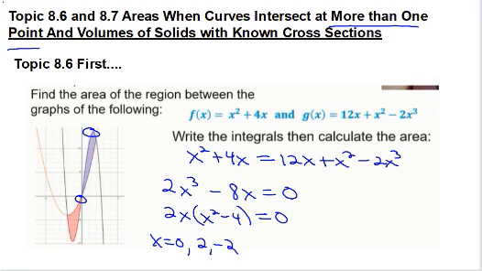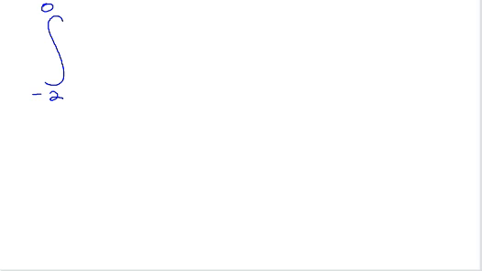In this case, the quadratic is my orange, so it needs to be on top. So I need x squared plus 4x minus the cubic.